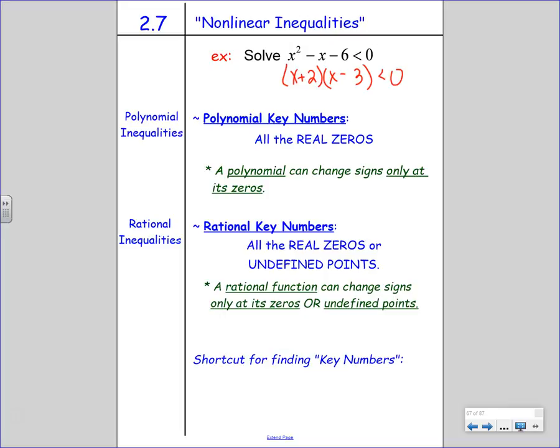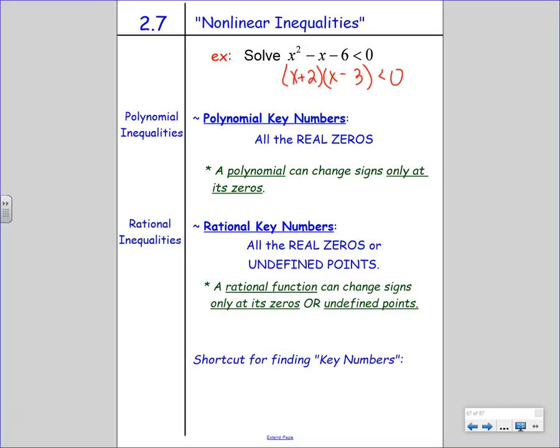Positives or negatives? Negative. So I need this multiplication to be a negative. What would need to be true for that multiplication to be a negative? Either a negative times a positive, or a positive times a negative. Stinks. We have to think about when this guy is positive and that guy is negative, and then when that guy is, okay, that's going to get super complicated.